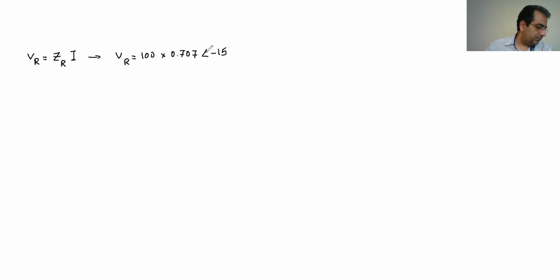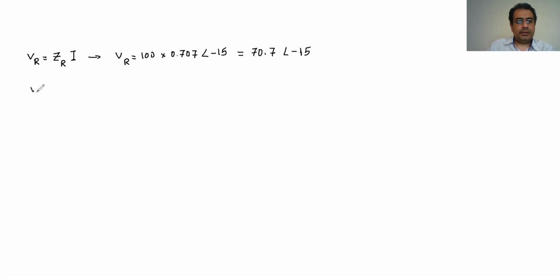So basically, if I go ahead and do the calculation, it's going to be 70.7 with angle of negative 15 volt. It's going to be my voltage in the resistance.